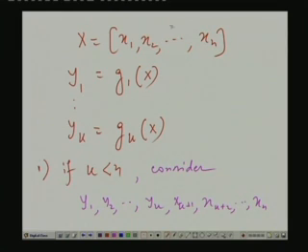That is, from this random vector I take out the last n minus k entries. Now, y 1 is g 1 x, y 2 is g 2 x, y k is g k x, and x k plus 1 also you can say is a function of x, where given x you only pick up one particular element, that is x k plus 1. X k plus 2 is also a function of x after all, given the entire vector x you just pick out one particular element, that is x k plus 2, and same for x n.